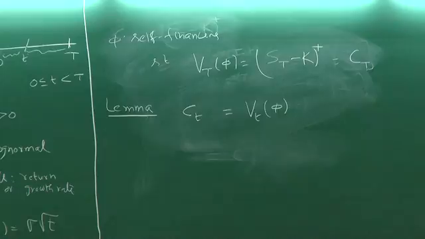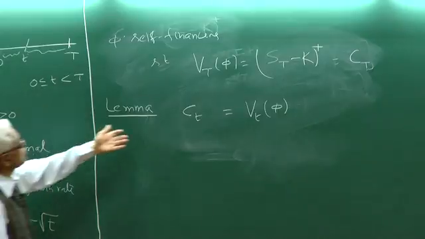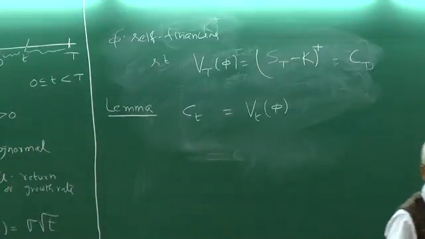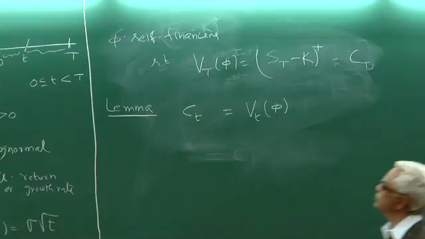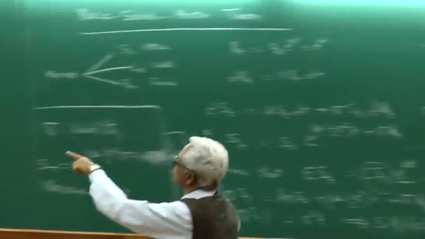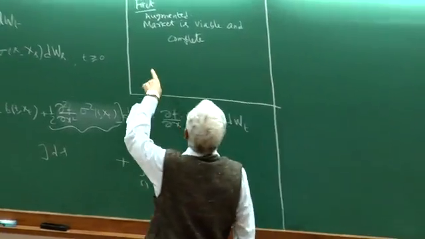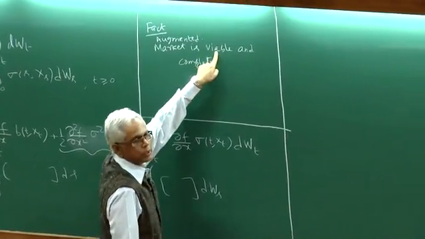Because C_T is also bought and sold in the market, if there is a strict inequality, it will lead to an arbitrage opportunity. That's the proof. If you give a mathematical proof, it will be 4 or 5 lines. But if you think intuitively, it doesn't need a proof. The proof that the augmented market is viable is complicated.